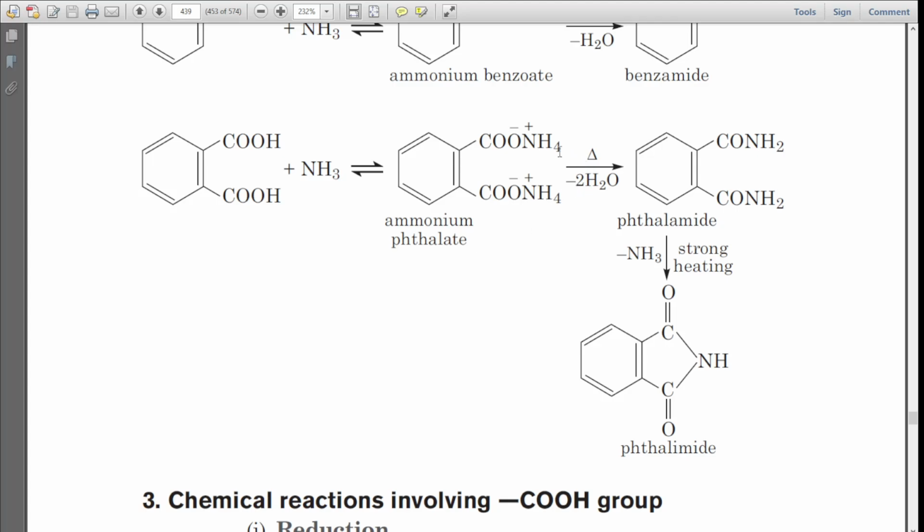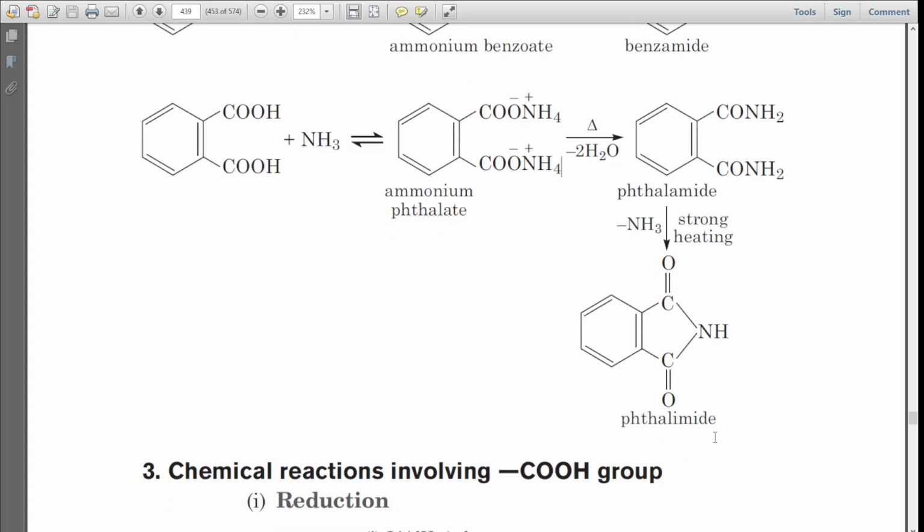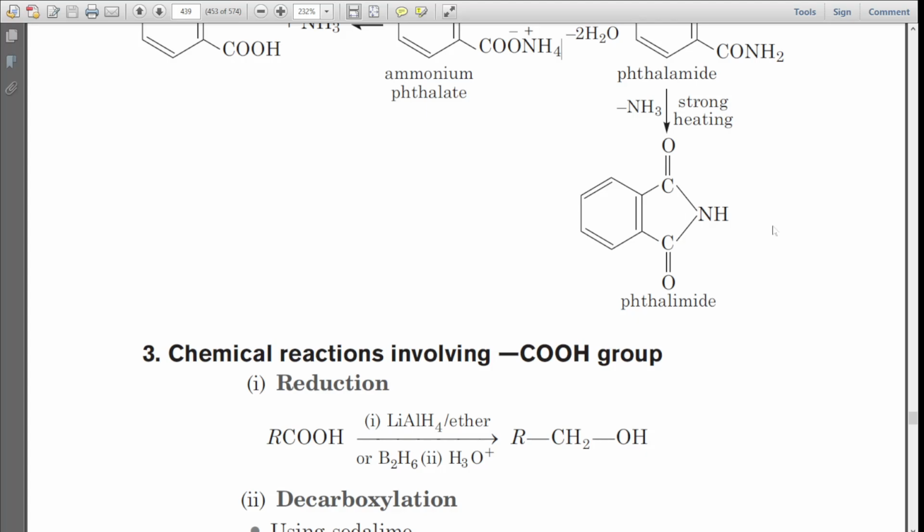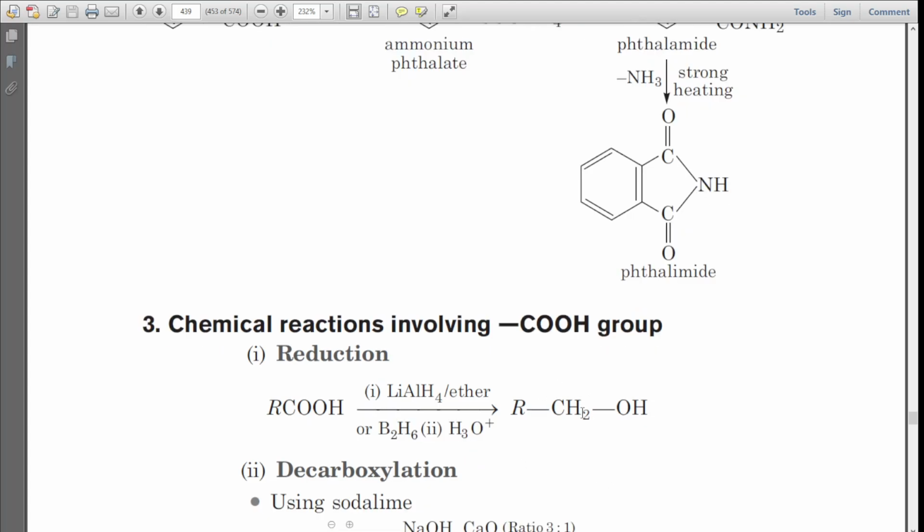After removal of two molecules of water, one from here and another from here, the species left is CONH2, and after removal of ammonia using strong heating, you form phthalimide. This is a major product and it will be used in the amine chapter also for Gabriel phthalimide synthesis.